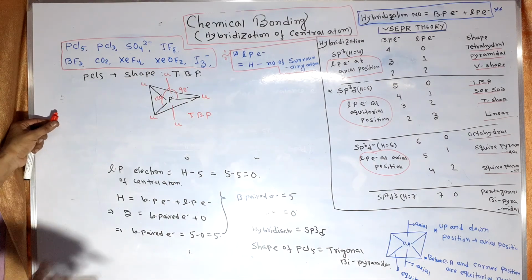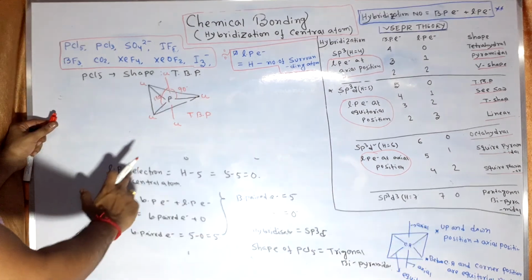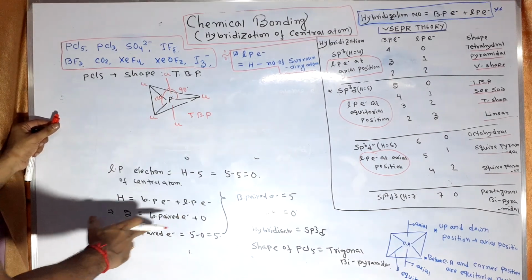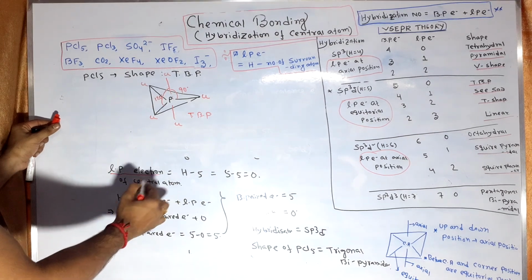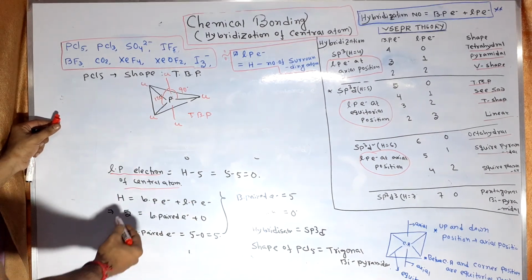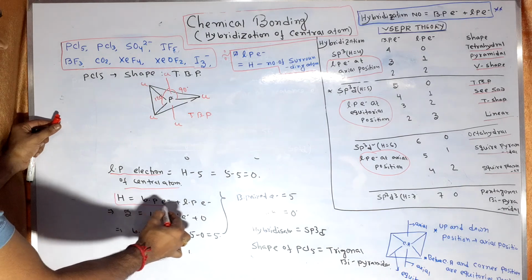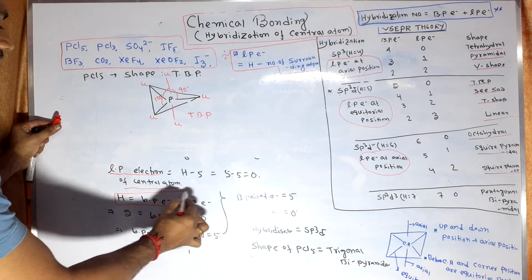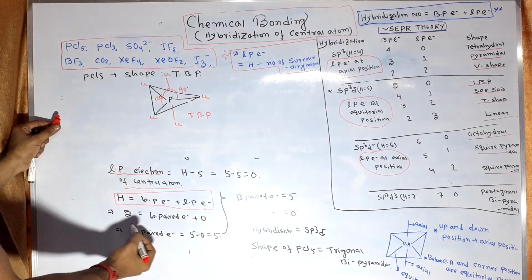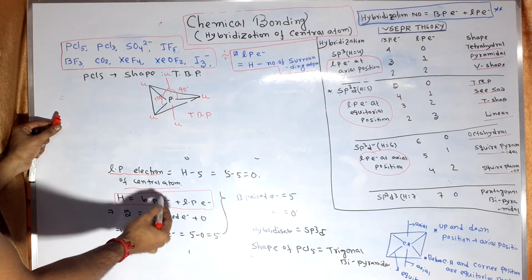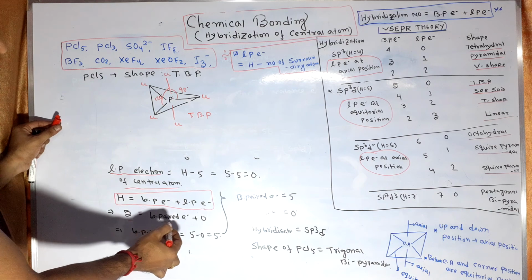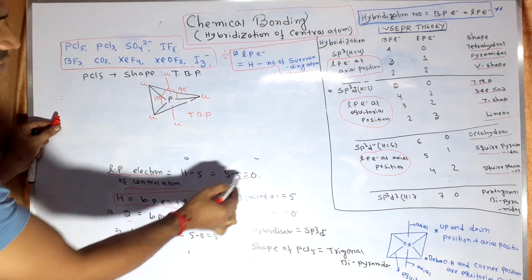Then this is the procedure. First, apply the hybridization method, then the name of the hybridization, then count the lone pair electron of the central atom. Then the next formula: hybridization is equal to bond pair plus lone pair electron. For PCl5, the hybridization number is 5. We cannot know the unknown data, bond pair electron, but the lone pair electron is counted 0.